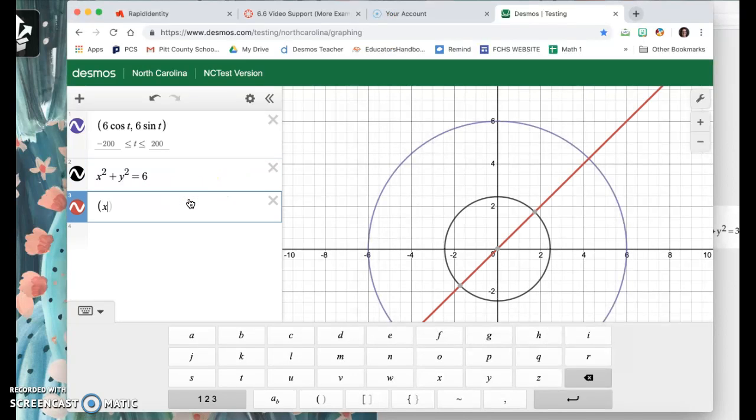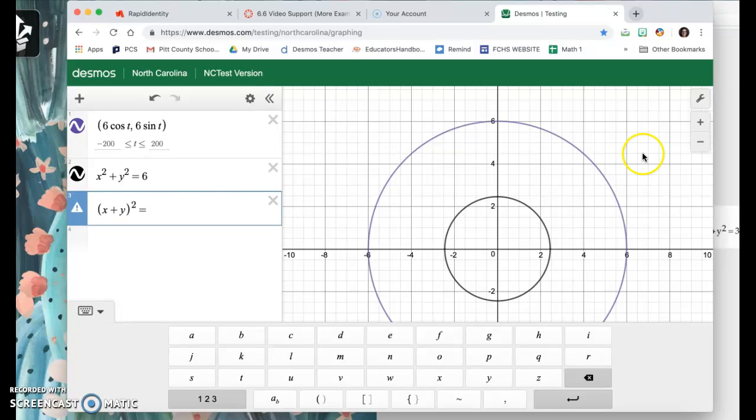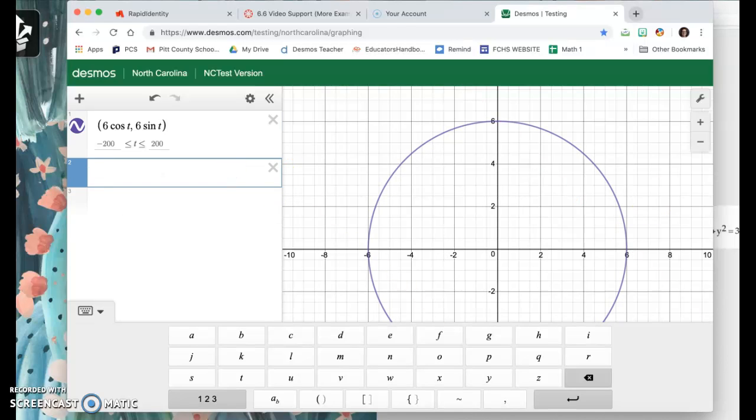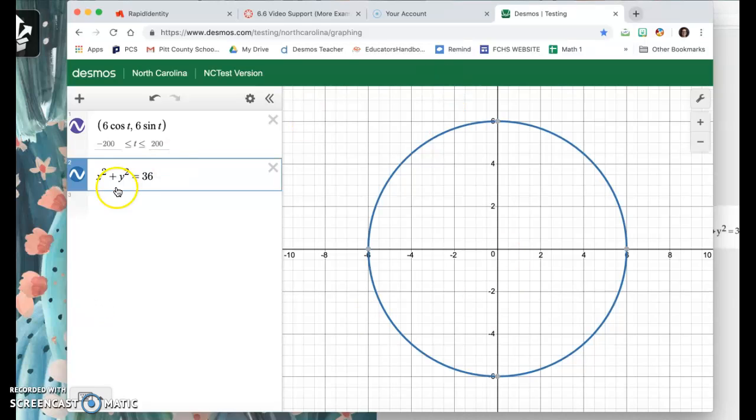Then I had x plus y squared equals 36, and we have two separate pieces for that, so that's not going to work either. So I'm going to clear this out, because obviously D should be the correct answer: x squared plus y squared equals 36. And you don't see anything else pop up on the screen, but I can come over here and click them on and off, and you can see that they are on top of each other, making that the correct answer.